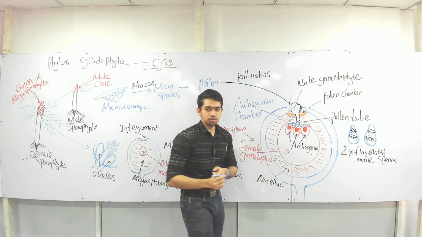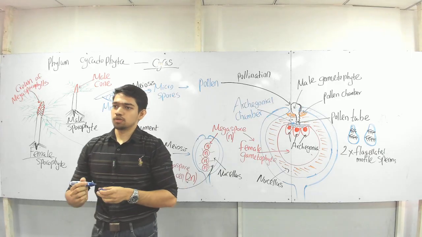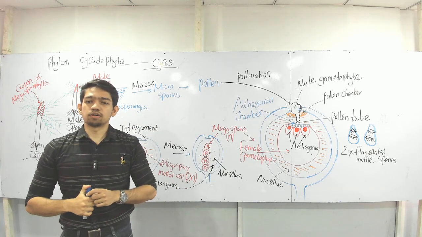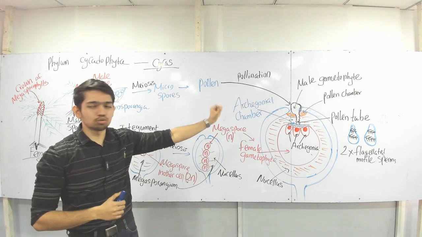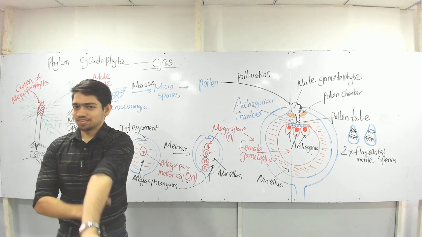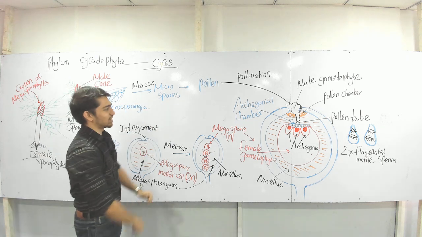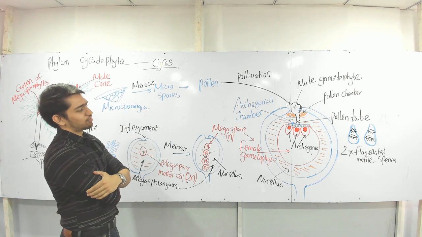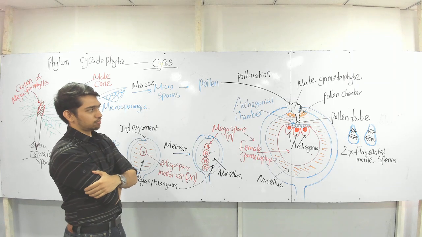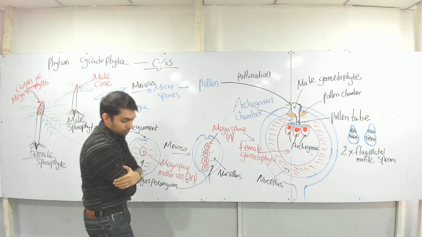It's like a challenge. It doesn't matter that the sperm was brought this far by the pollen tube, you still have to swim through some water. There is a bit of water inside the ovule that is found in the archegonial chamber. Keep reading.